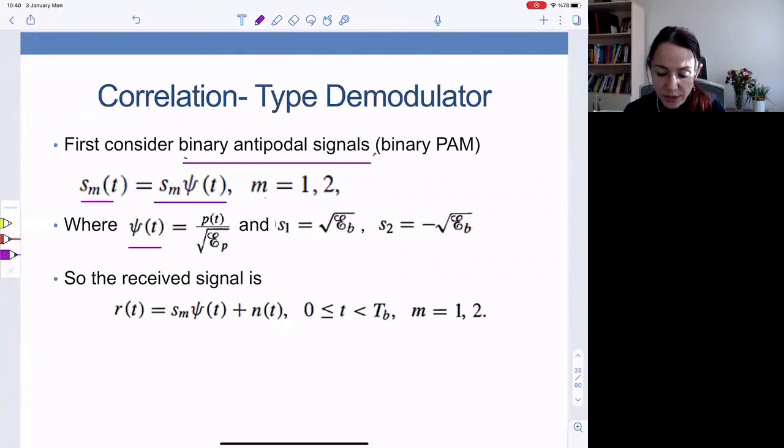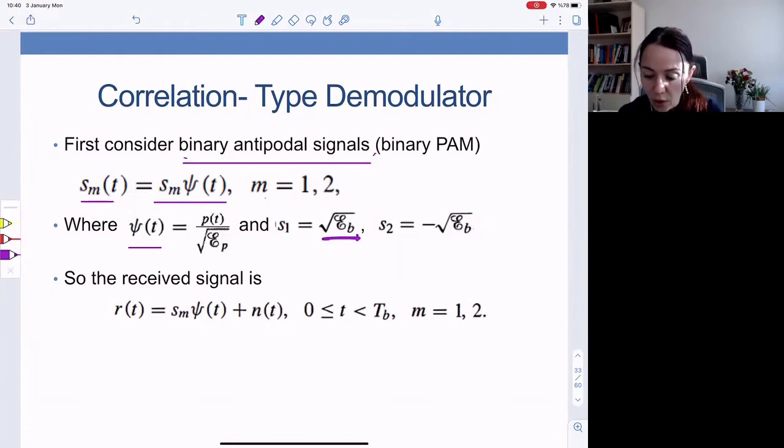So the received signal is either square root of EB times phi plus noise, or negative square root of EB times phi plus noise.